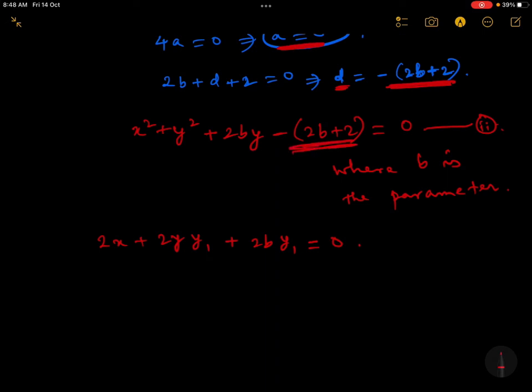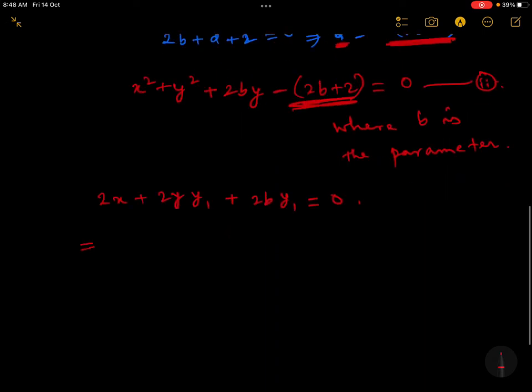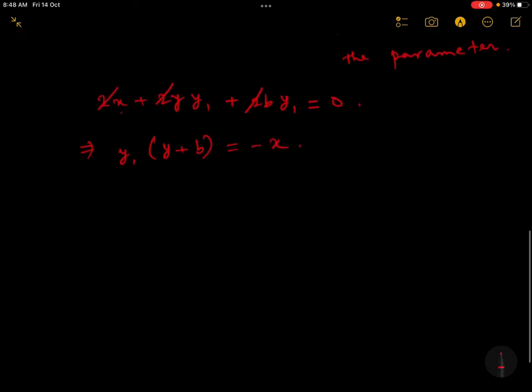The arbitrary constant term, if we differentiate it, disappears, and 2 cannot be 0, so we cancel, but these things can be 0 when they add together. And from here we observe that, you transfer this x to the other side. We'll do it slowly, alright. So y1 is common here, y plus b equal to minus x. And what do we get? y1, let's say dy by dx is equal to minus x by y plus b.